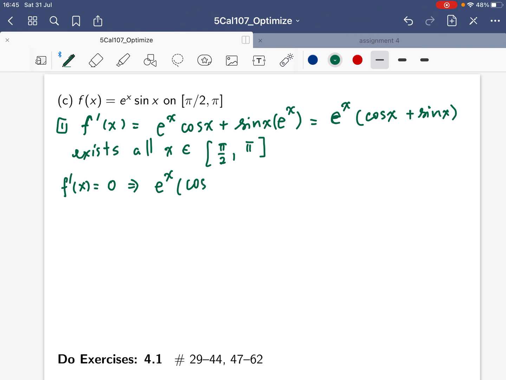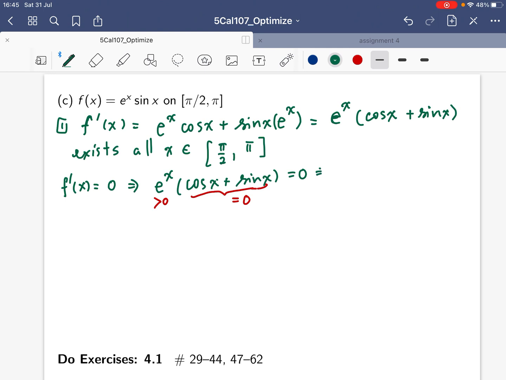So you have this one. Make it equal to 0. Don't forget that e always positive, so the only thing that can have a chance to equal 0 is this cosine plus sine.